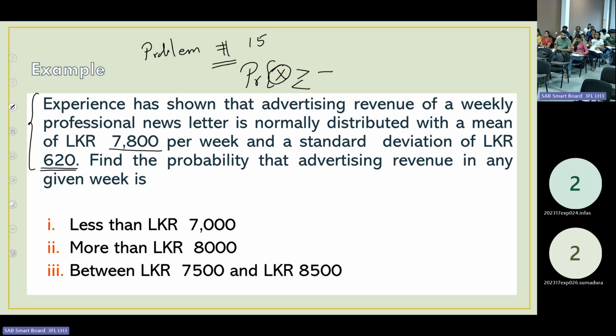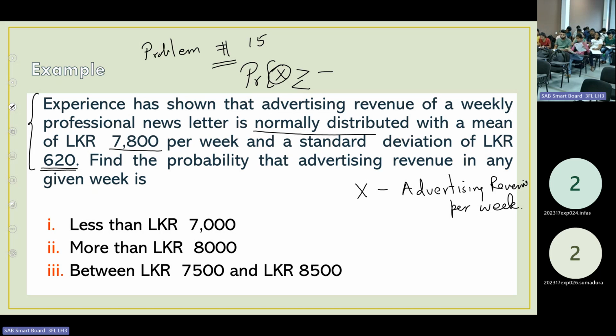So first we have to identify the variable. Advertising revenue. If you want, we can include per week, no harm. Okay, X we have identified. Then they say it is normally distributed.